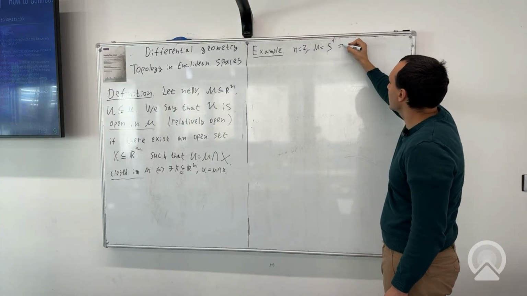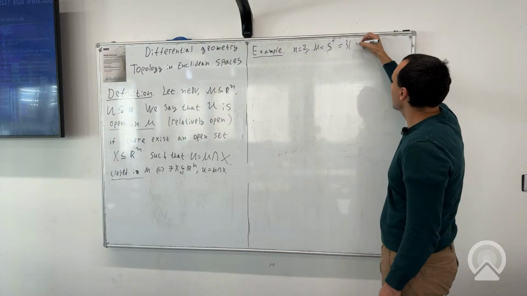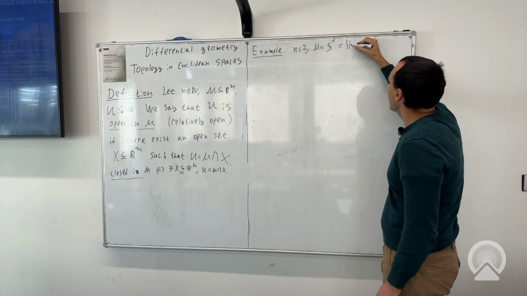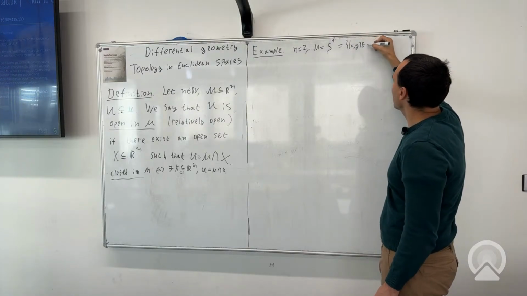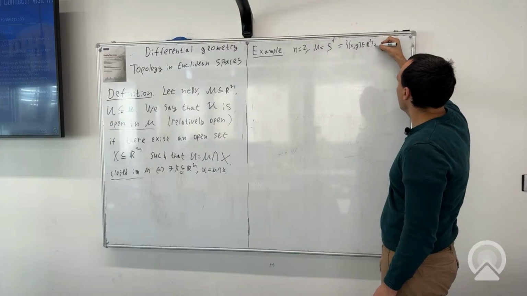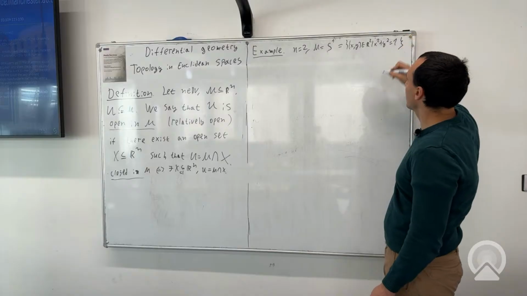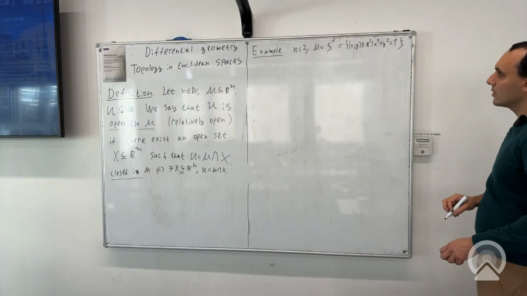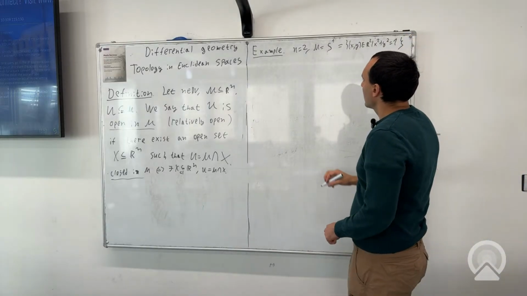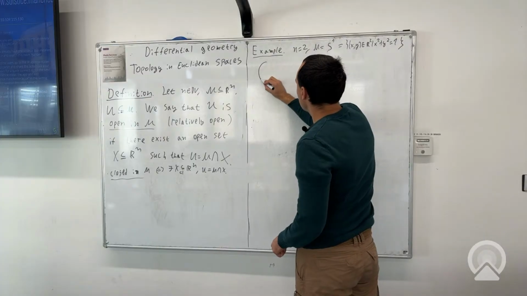This is the set of (x, y) in R squared such that x squared plus y squared is 1. This is the unit circle.